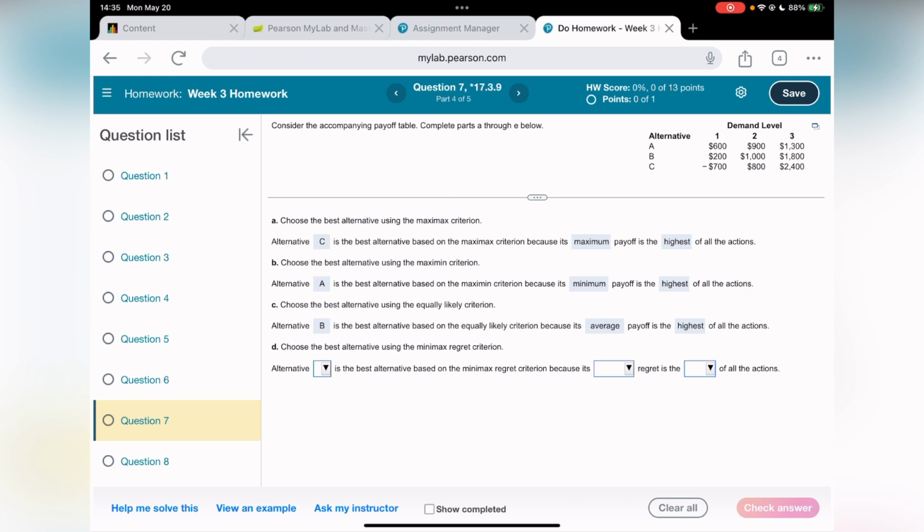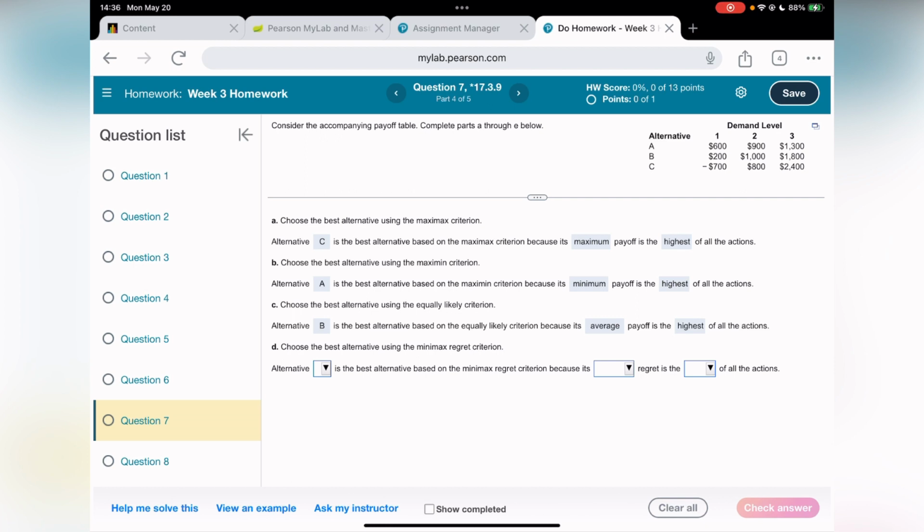We did maximin in B, where we found the maximum among the minimum payoffs. In D, we need to find the minimum among the maximum regrets.